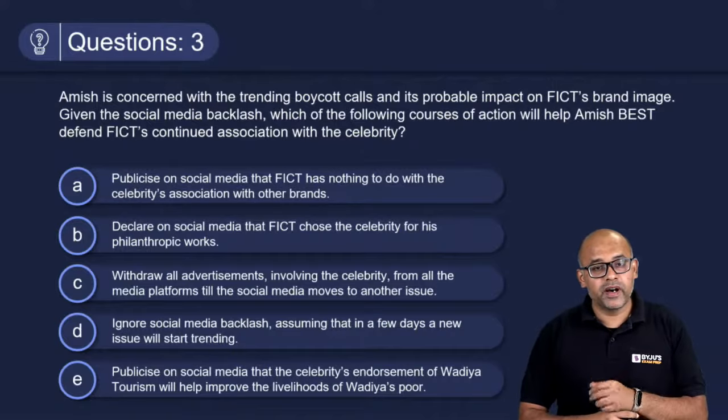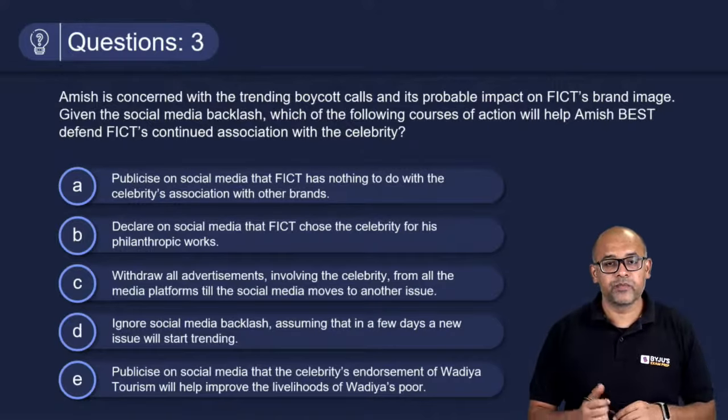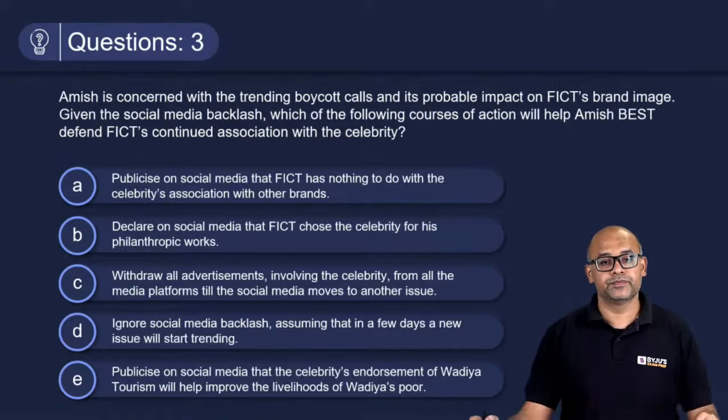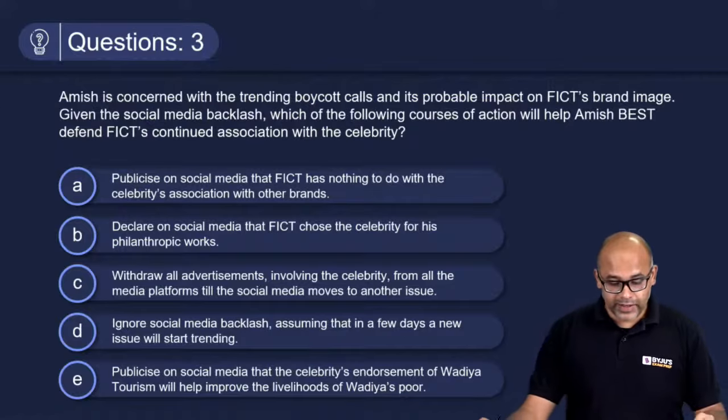Sai Pradeep, Harsh, Komal. Any answers, anyone? Okay, let's see what is happening here.